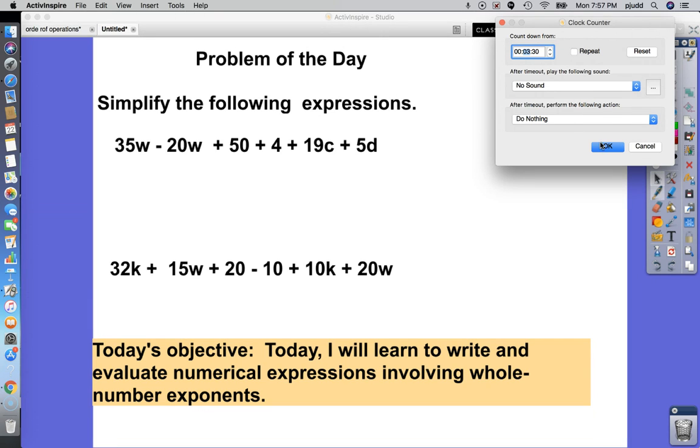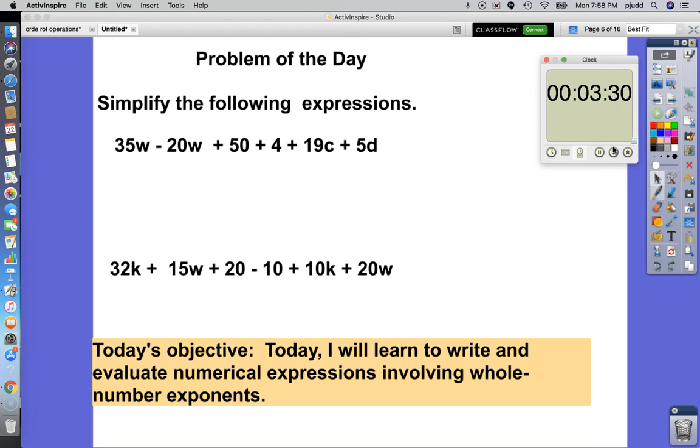After, we'll keep it 3.5 minutes so we don't have to reset the seconds a little bit later. And then when you're done simplifying both expressions, write your objective for today. Pencils in your hand, ready to go, not just staring at the board. You are writing these down and simplifying them. Ready? Go.